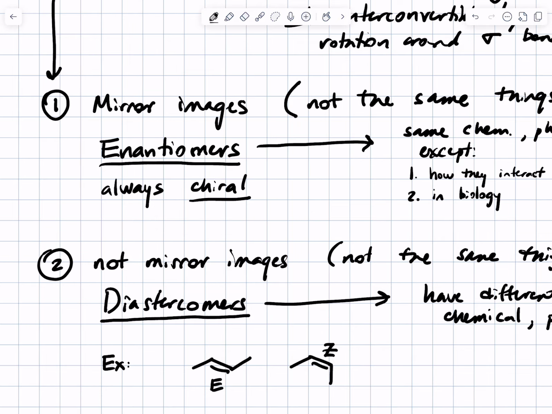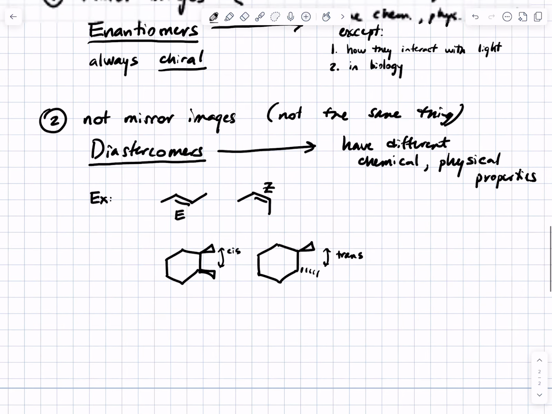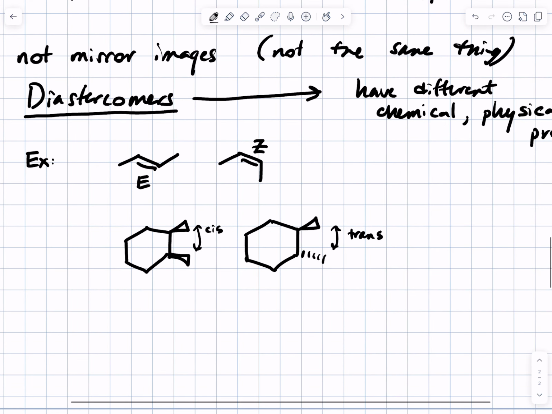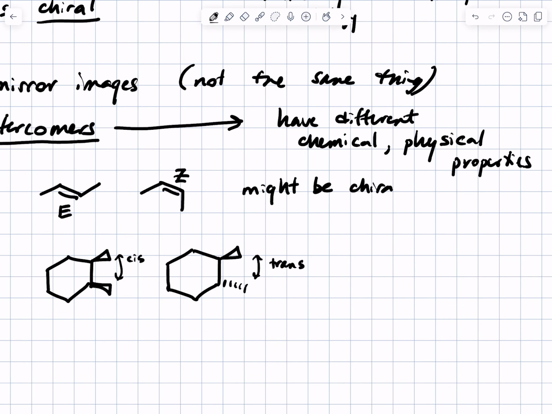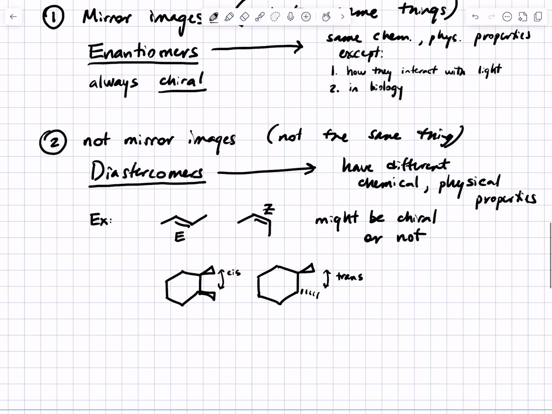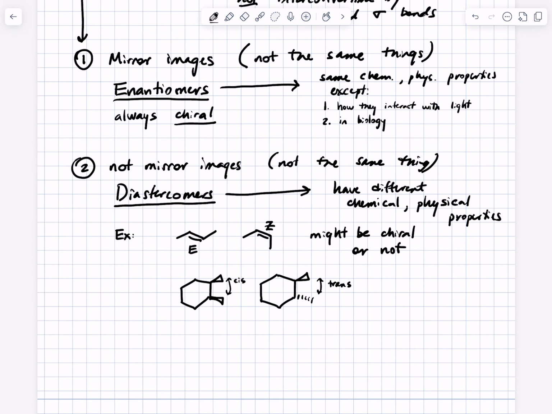Chirality means not being the same as your mirror image. Diastereomers might be chiral or they might not be chiral. And we'll talk about that a little bit later. Okay? Enantiomers are always chiral. Diastereomers might or might not be.